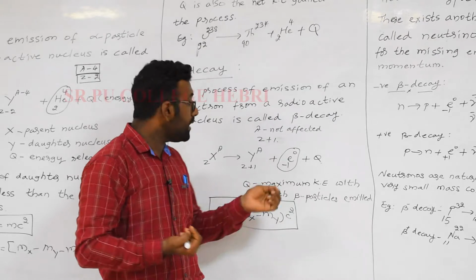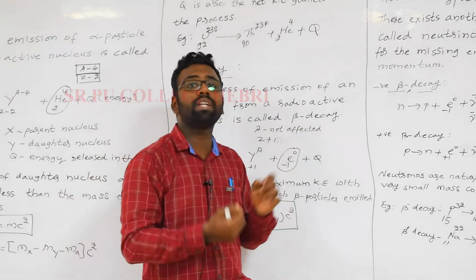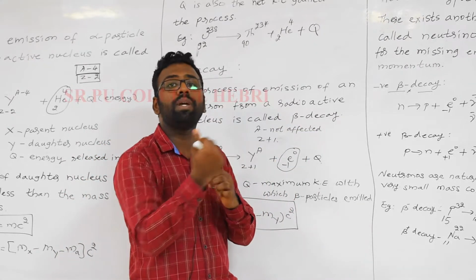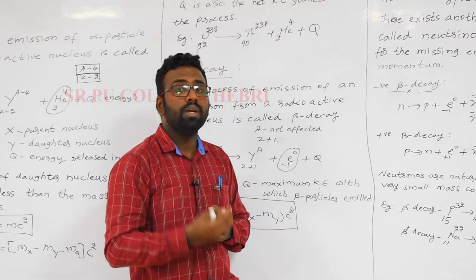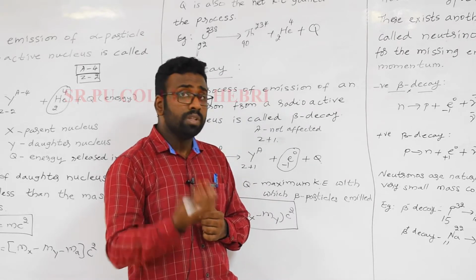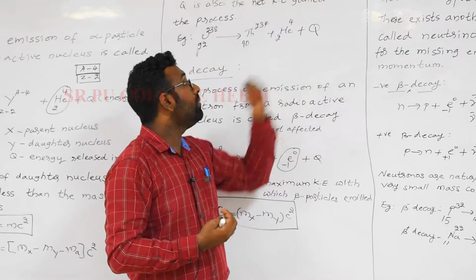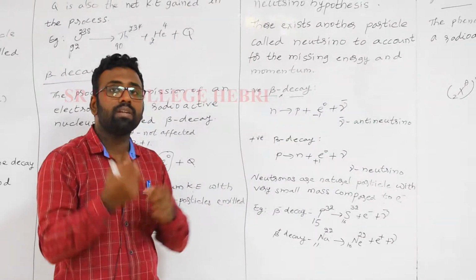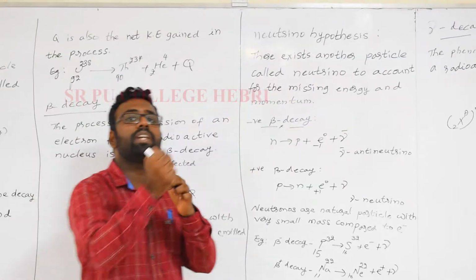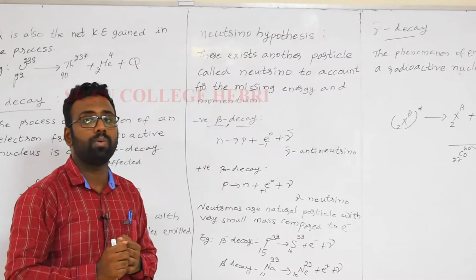It is also found that it violates linear momentum and angular momentum conservation. Then what to do? Next comes Pauli with the neutrino hypothesis. He says that the missing energy is carried by a particle called the neutrino.